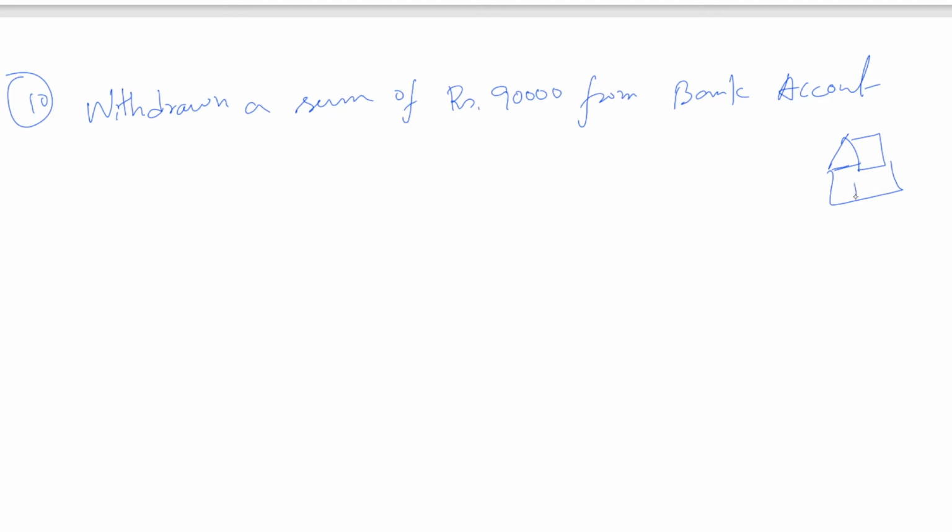Withdrawn a sum of rupees from bank means cash withdrawn. So what will be the entry for cash withdrawn from the bank? When we deposit any amount in the bank, what entry do we pass, and if we withdraw, what entry will be passed?